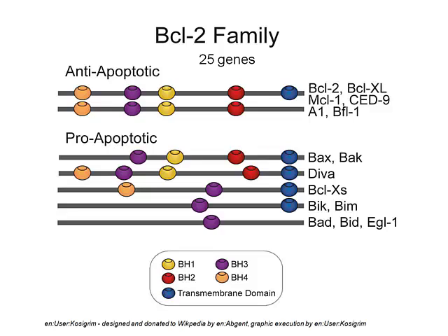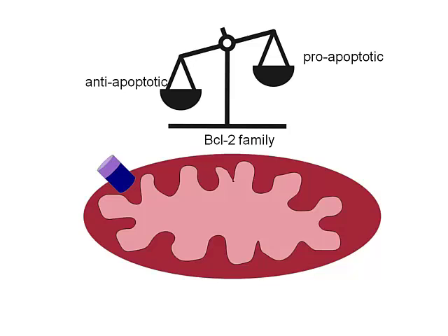The BCL2 family consists of 25 different genes in humans and can be roughly divided into anti-apoptotic proteins and pro-apoptotic proteins. Those proteins interact with each other, and it's the balance of BCL2 family members interacting at the mitochondria which determines whether the mitochondria remain intact or whether they will be losing the MMP.